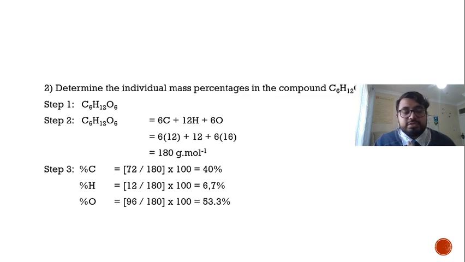You'll notice that the heavier the molar mass of the element, the more percent it contributes to the mass of the compound. What I mean by that is oxygen is heavier than carbon and hydrogen, so it contributes more to the mass of glucose than carbon and hydrogen.